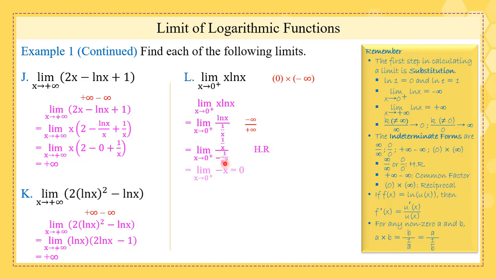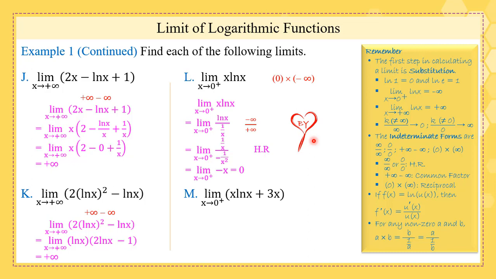And after a few simplifications, if we simplify this mixed fraction, we get minus x squared over x, which is minus x, and the limit of minus x as x tends to 0 plus is 0. And this could be memorized by heart and applied directly.